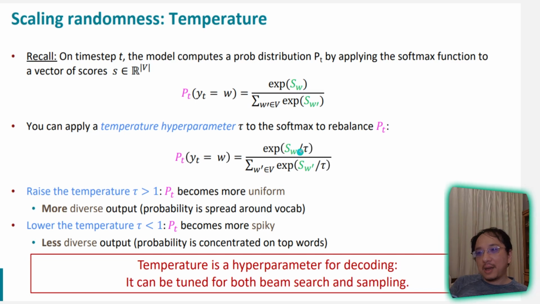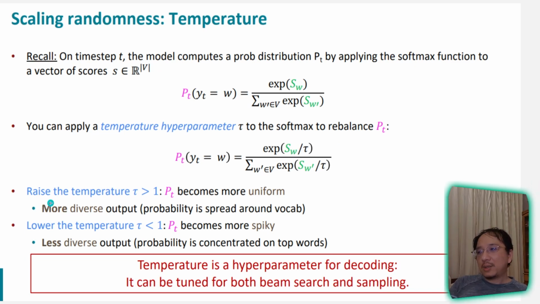On the other hand, if tau is smaller than 1 or very close to 0, then the large logit is going to grow more quickly than the smaller logits, because we have an exponential here. When tau is very close to 0, only the top one most possible word is going to be chosen.